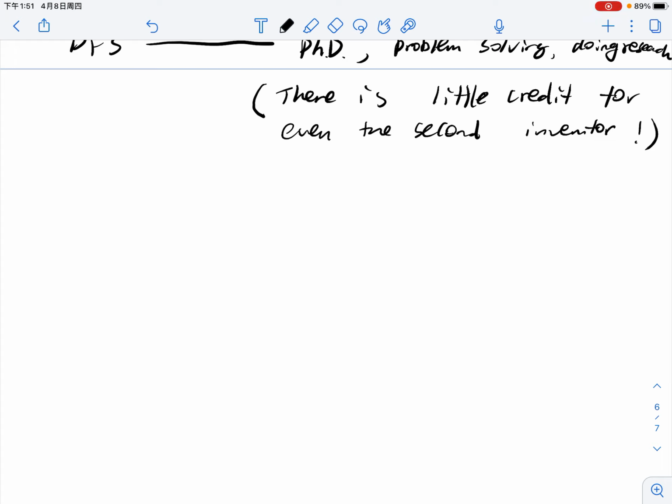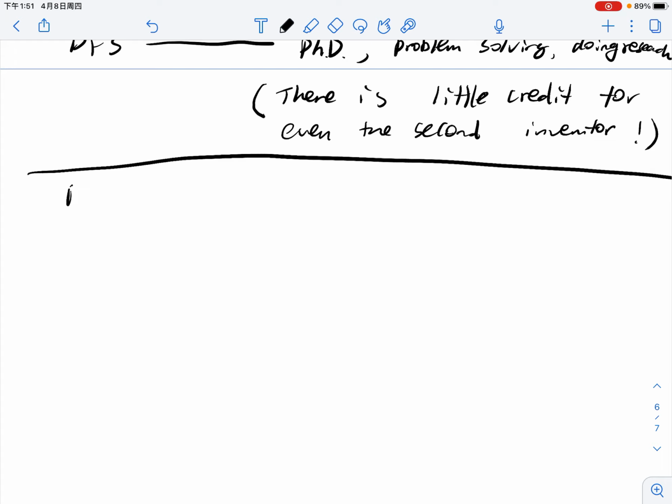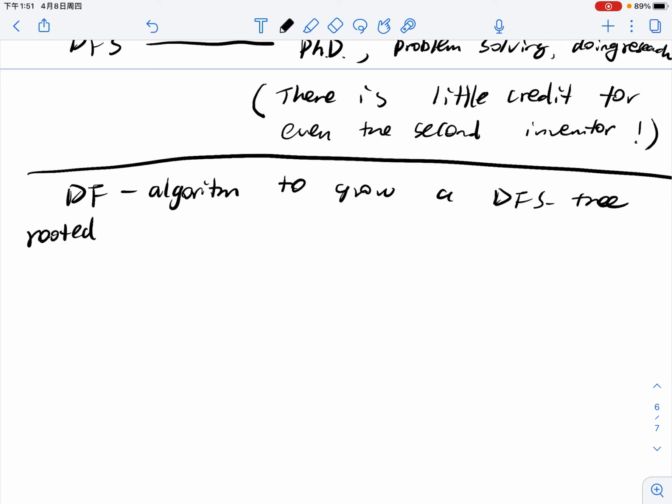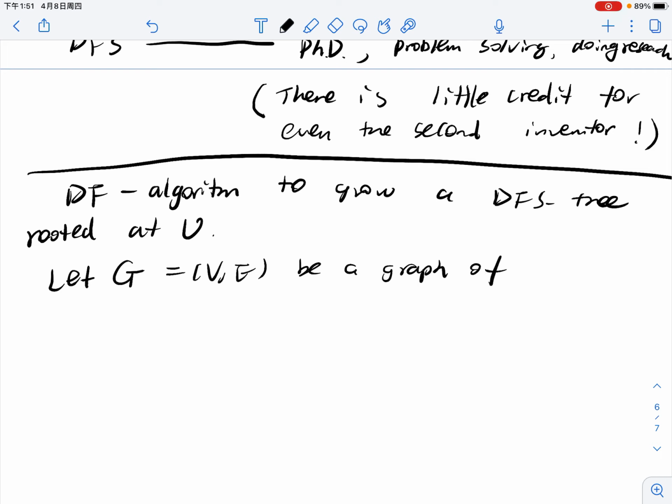Okay, now let's describe the actual algorithm to grow the DFS tree rooted at u. So let G be a graph of order n, and u a vertex.